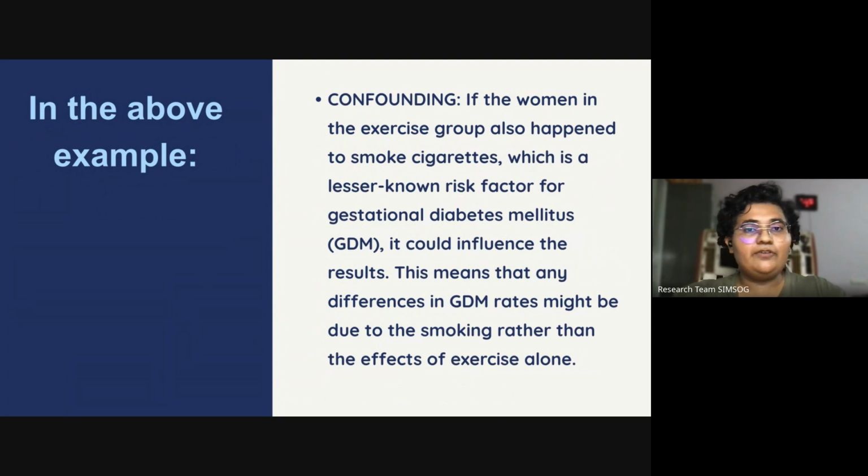And for confounding bias, we can have a confounding factor like diet. We can also have a confounding factor like smoking cigarettes, which can influence the results. So we need to factor in all these confounding factors so that we don't have this bias.